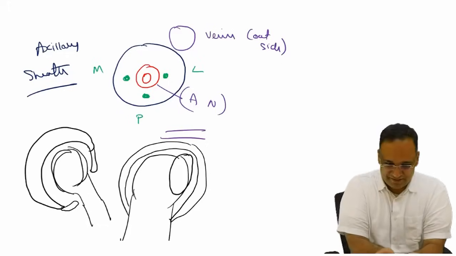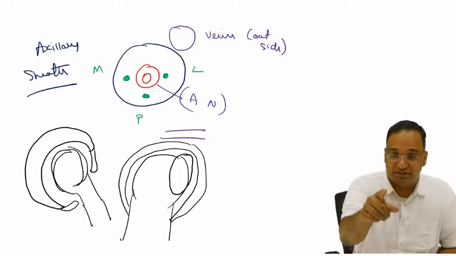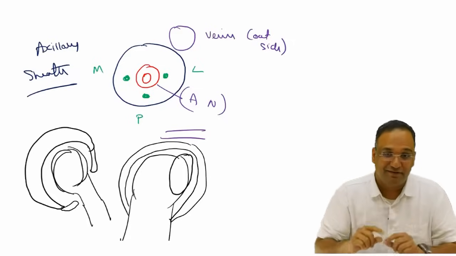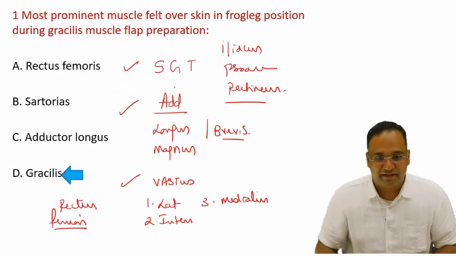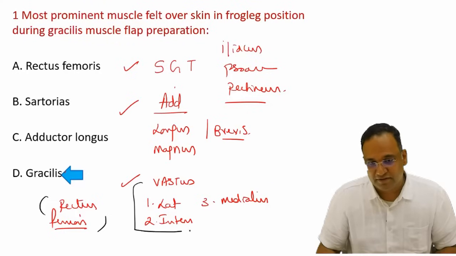Sartorius, rectus femoris. Quadriceps femoris. I said rectus femoris, the amalgamation of this muscle; I think subconsciously some trigger happened that rectus femoris is a muscle by itself. This condensation of these muscles, you didn't correct me also, is called quadriceps femoris.